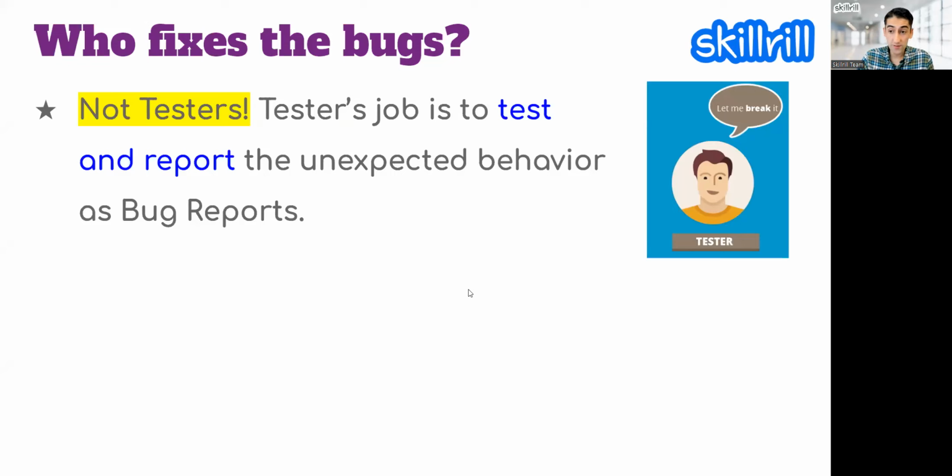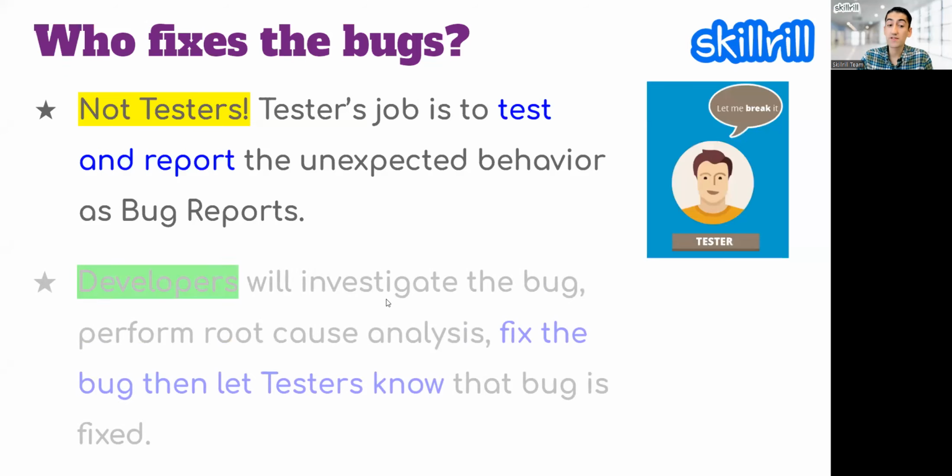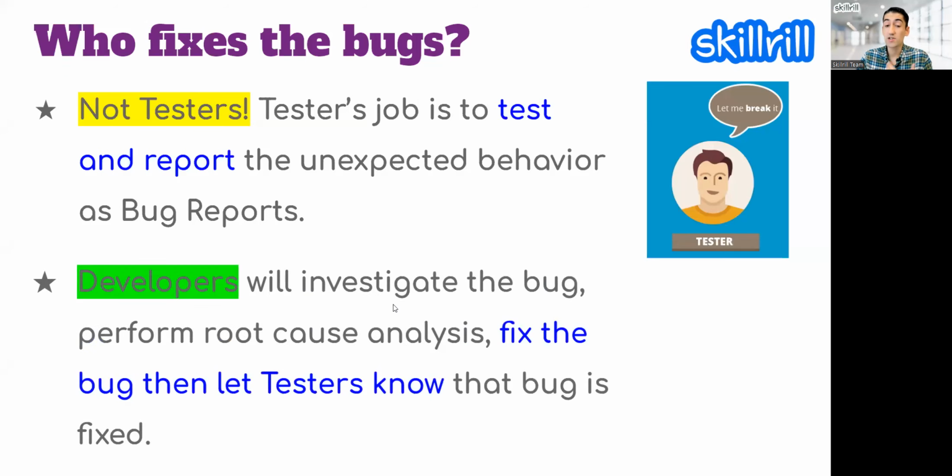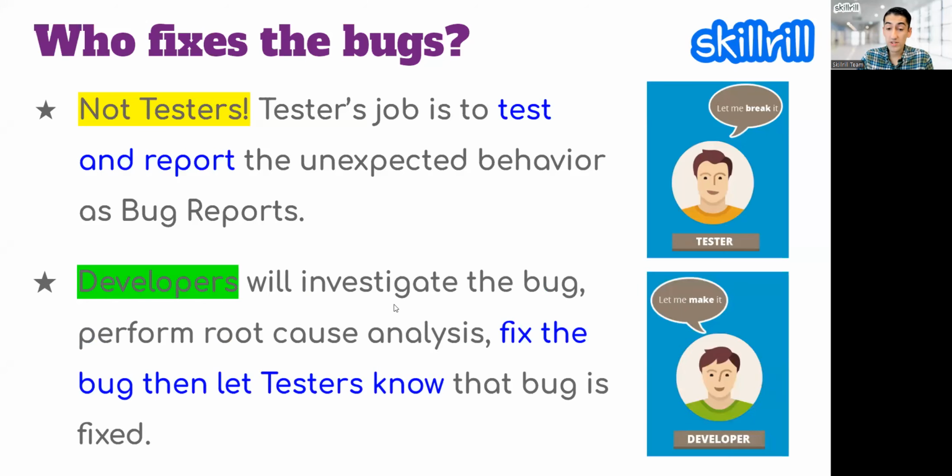So we don't fix. That's actually good news, because the fixing would be a lot harder and much more complex, since they are supposed to do a root cause analysis, right? Developers would investigate the bug. They perform root cause analysis.